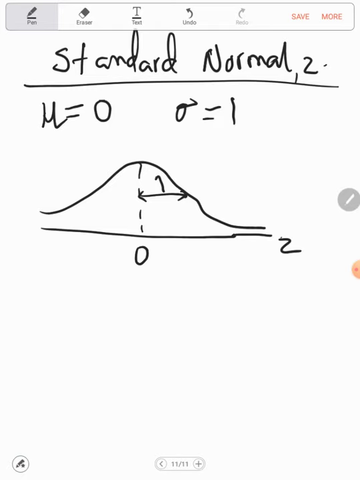The mean is 0 and the standard deviation is 1. Now, the values on the left of 0 are negative values, so these are known as negative Z values. And the values on the right will be positive Z values.